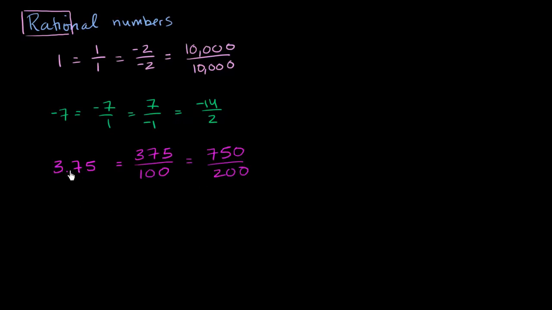Or you could say, hey, 3.75 is the same thing as 3 3/4. So let me write here 3 3/4, which is the same thing as 15 over 4. 4 times 3 is 12, plus 3 is 15. So this is the same thing as 15 over 4.